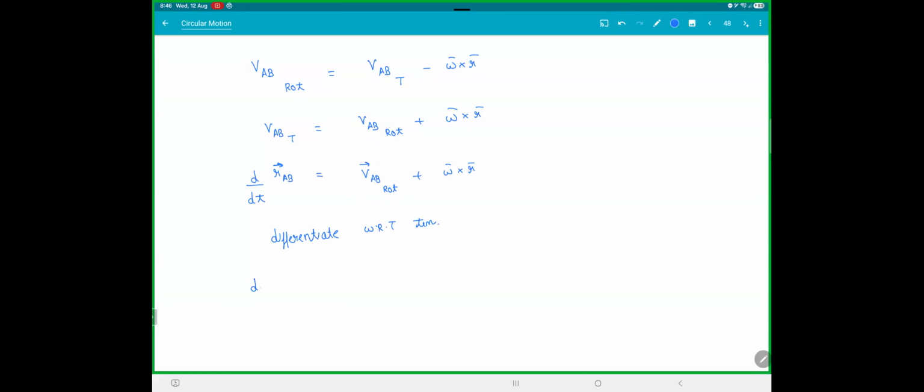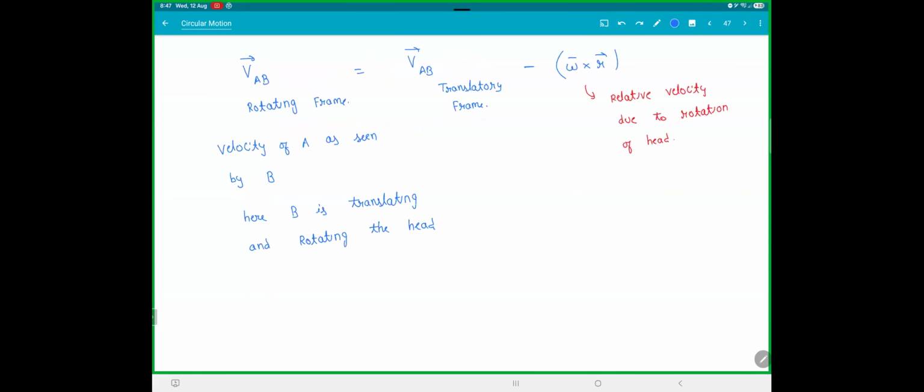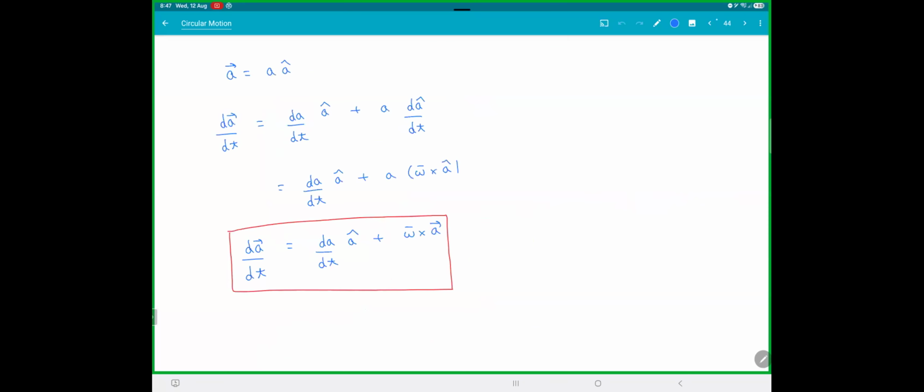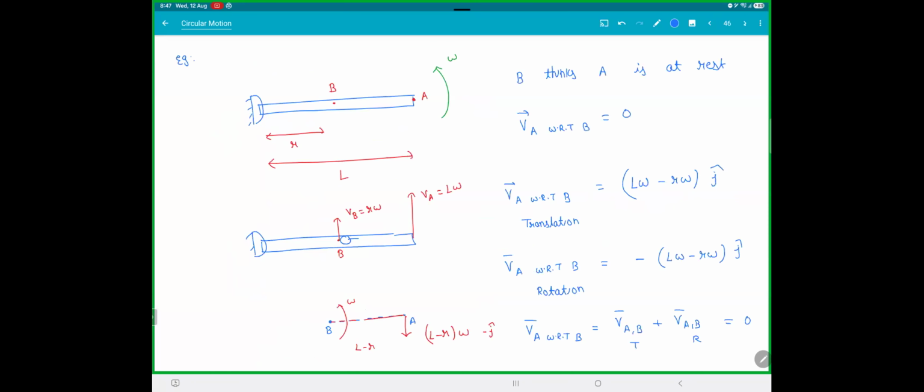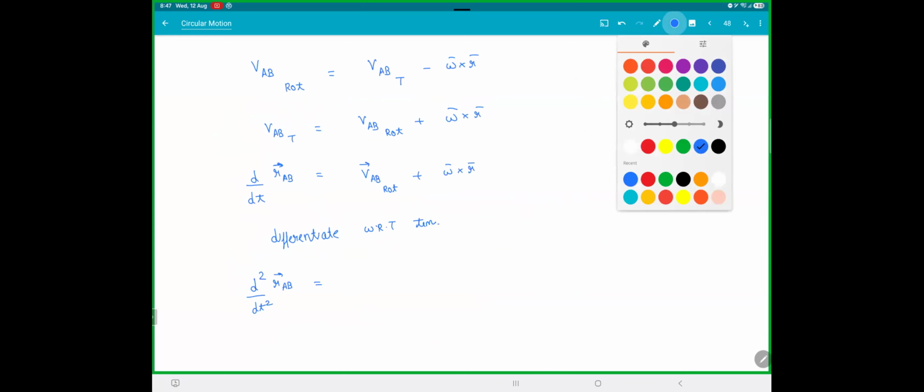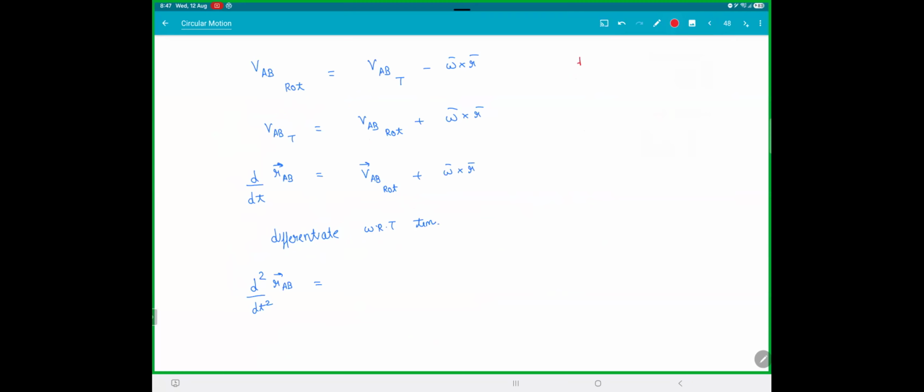the left-hand side will become d square by dt square RAB and this guy. And remember, just how I taught you in the last thing. Anytime you differentiate a rotating vector, you get actually two components. So here, every vector is rotating. But I'll just write it down again here.